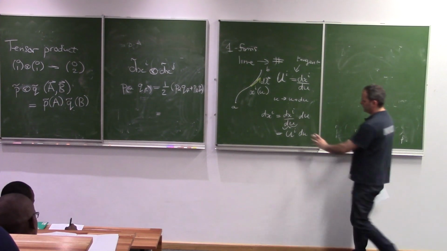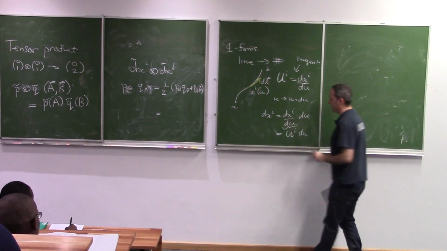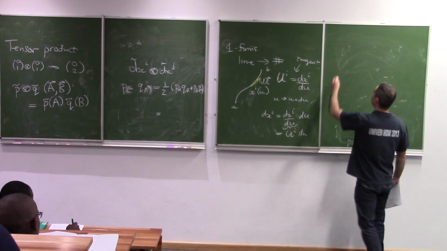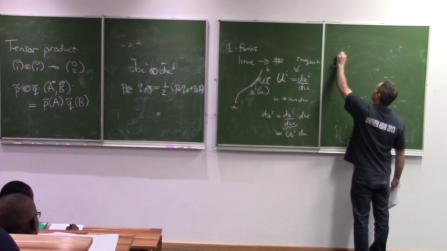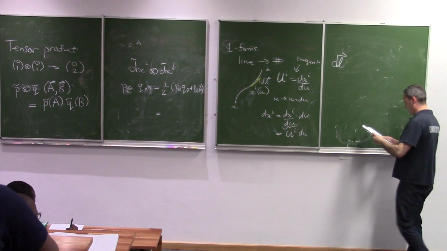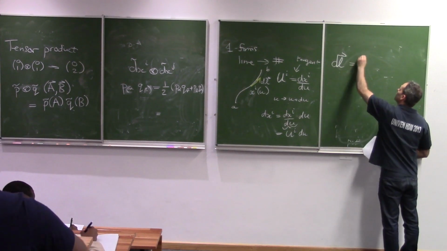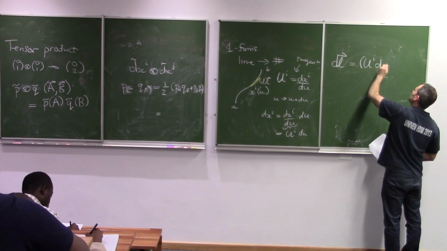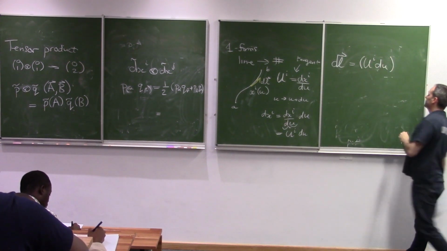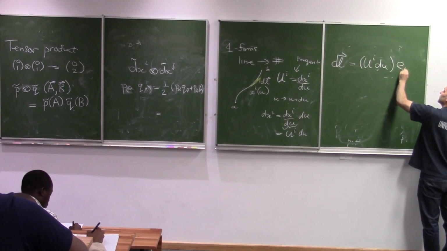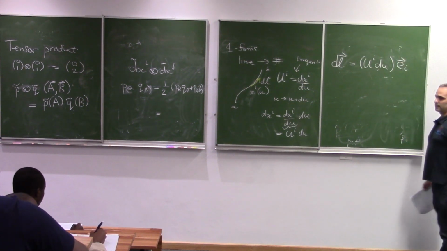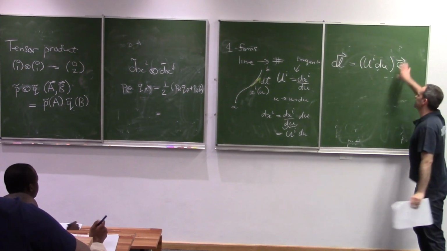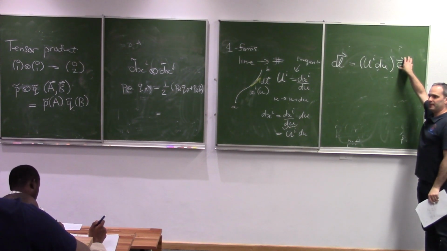And so these will be the components of my infinitesimal displacement vector. So I'll write that my infinitesimal displacement vector has these components in the ith direction, and it's a vector, so I'll write everything in terms of some particular basis. Everybody happy?